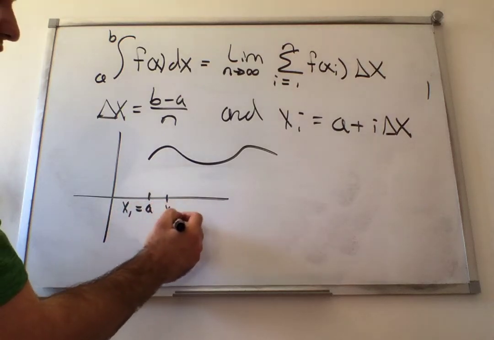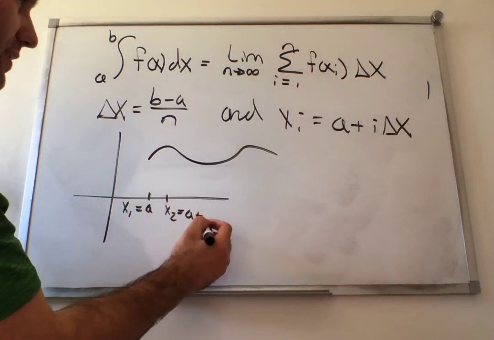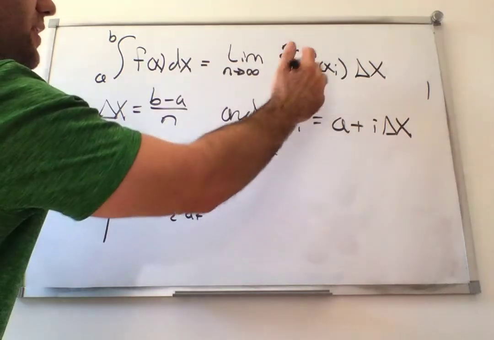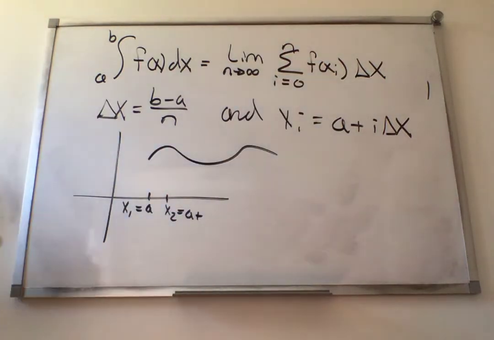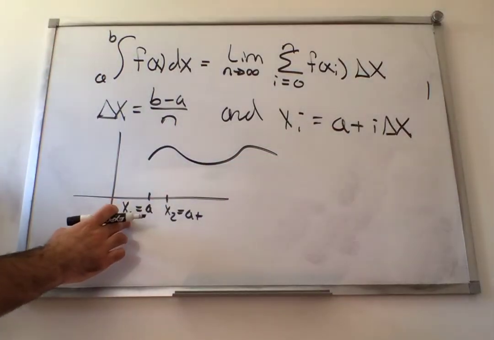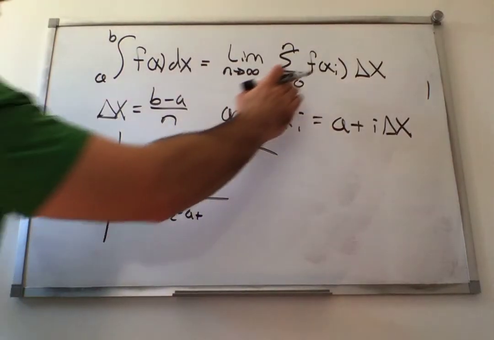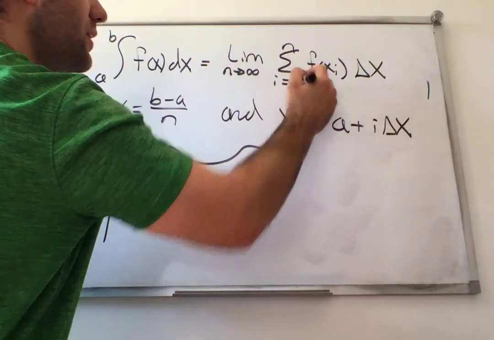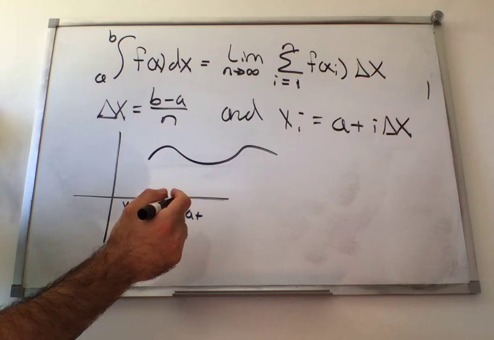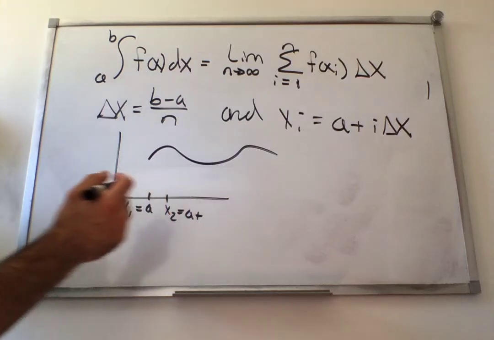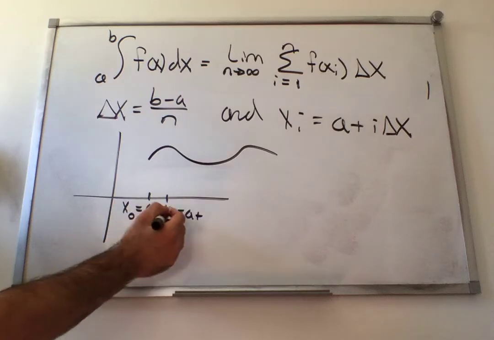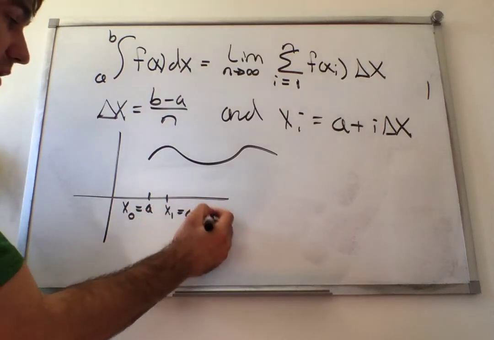So to get x2, this is a plus... I should be starting at 0 right there. Because if I plug 0 into here, delta x goes away, but that would be x0. Oh, let's see. I do have it starting at 1. So let's make that x0, not x1, because that'd be delta x. There we go.